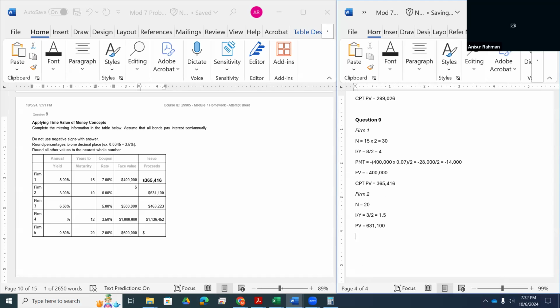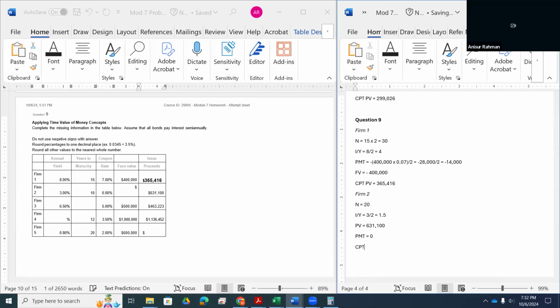Our payment is equal to negative our coupon rate is equal to 0. So there is no payment actually. And then future value, we have to find out.